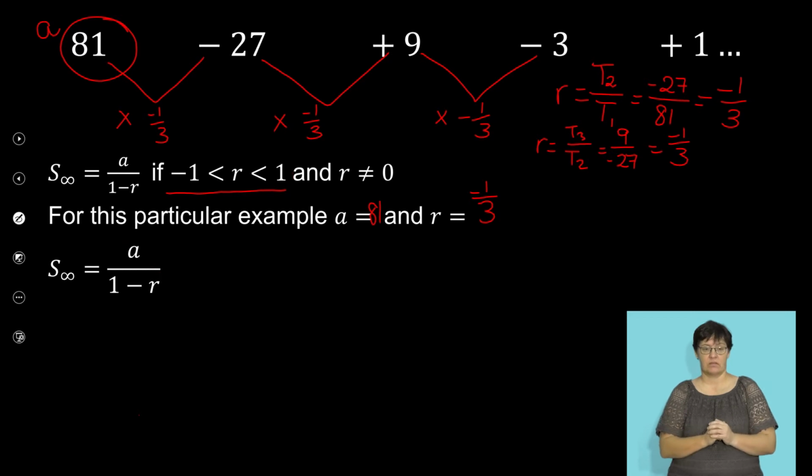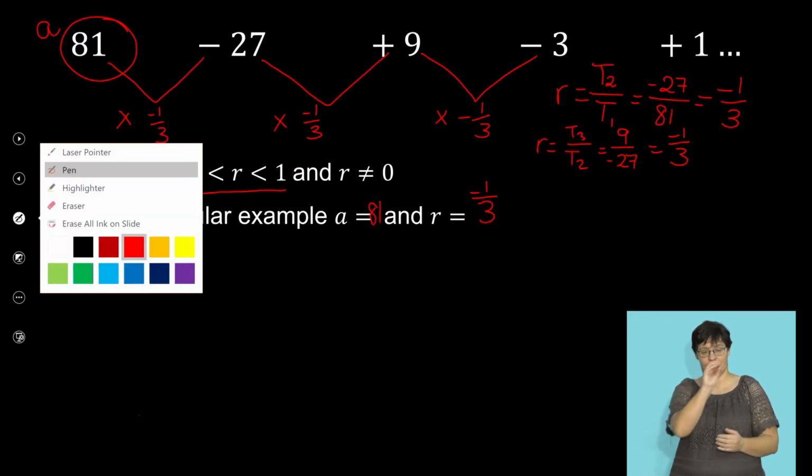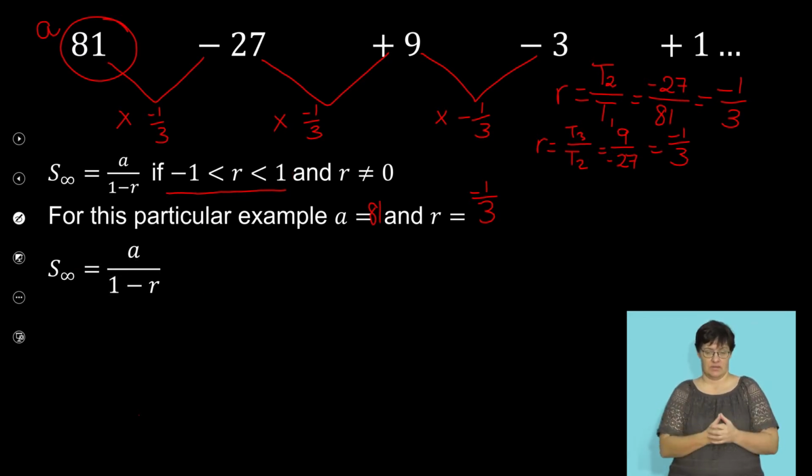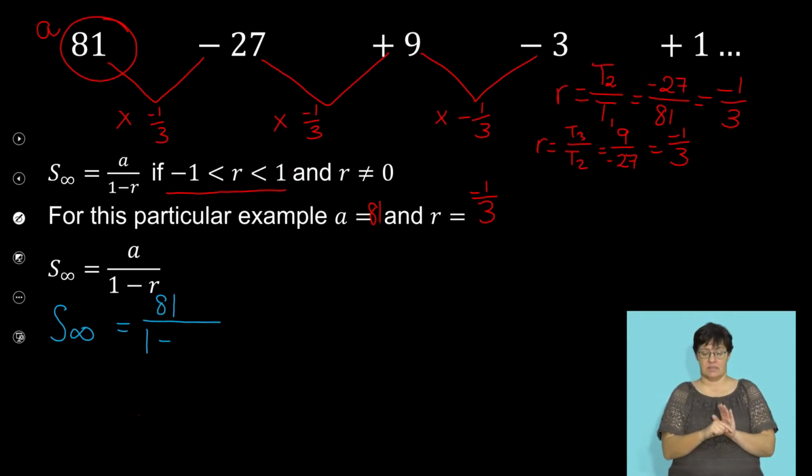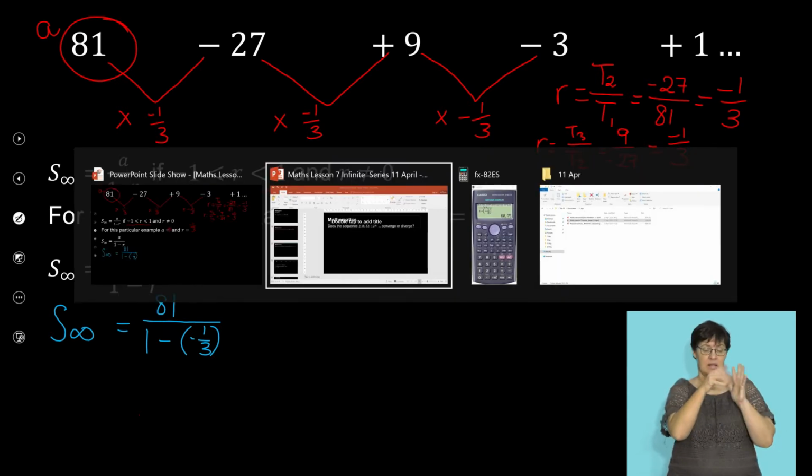So at this point, I'm now going to substitute into my formula. The sum to infinity will be equal to A, which is 81, over 1 minus my ratio, which is -1/3. We're now going to substitute all of this into my calculator.